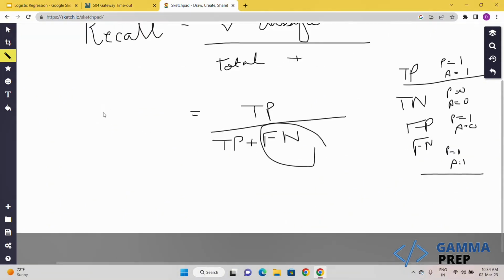Okay, so we understood what accuracy is, then we understood what recall is. Now we'll go to the next one, which is called precision. These are all the evaluation metrics that are used for classification models. Let's move to precision.